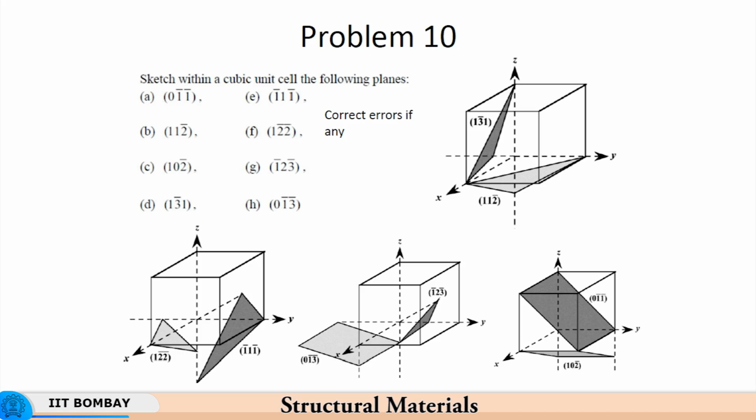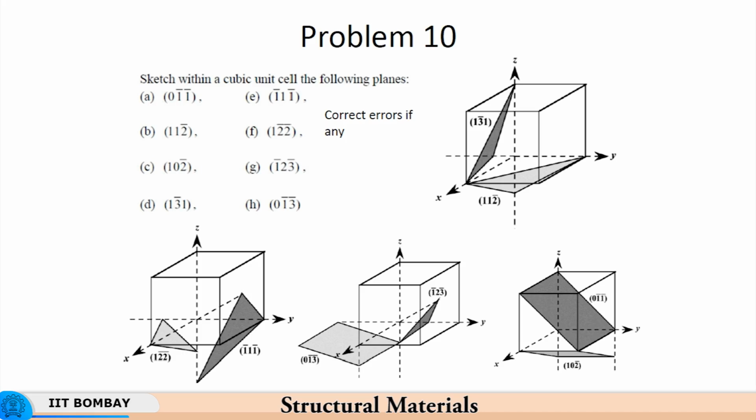You shift the origin to somewhere here, so that you get 1. So, when x is bar 1, you get that point over here, and when it is 1, you get that point here, and for z of bar 1, you get this here.